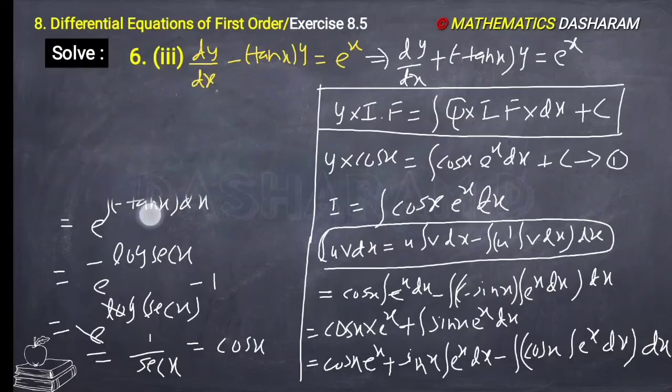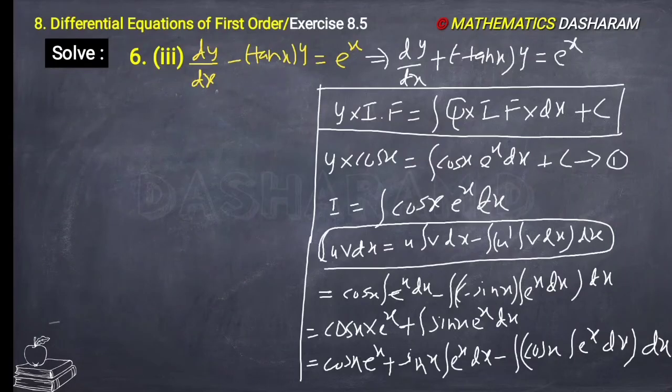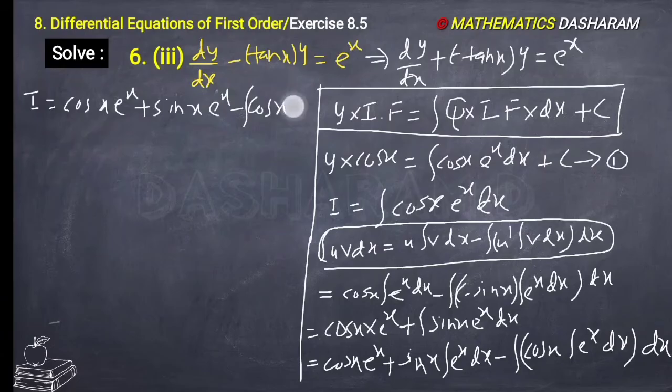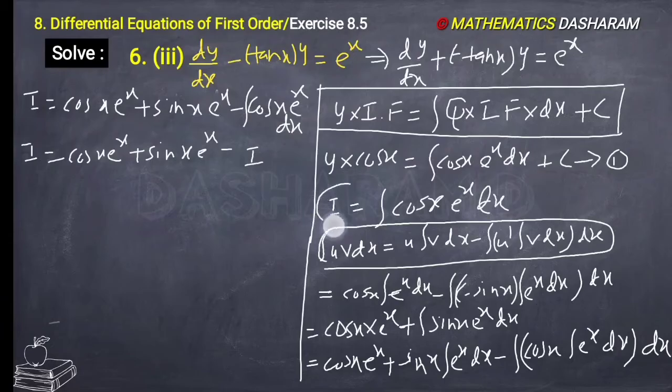So I equals cos x into e power x plus sin x into e power x minus integration of cos x into e power x dx. Here it is I, because we selected the integration of cos x e power x dx as I.